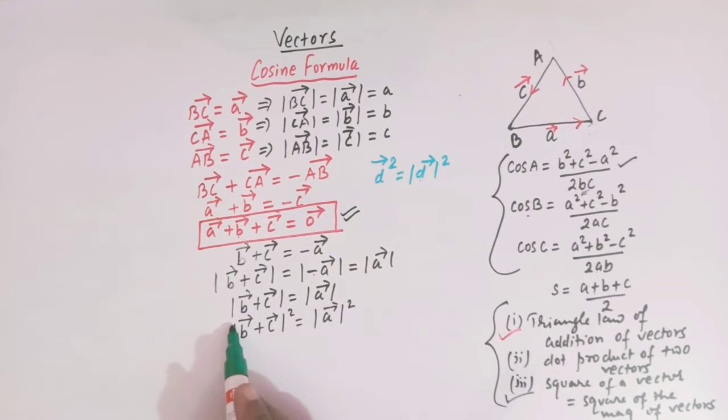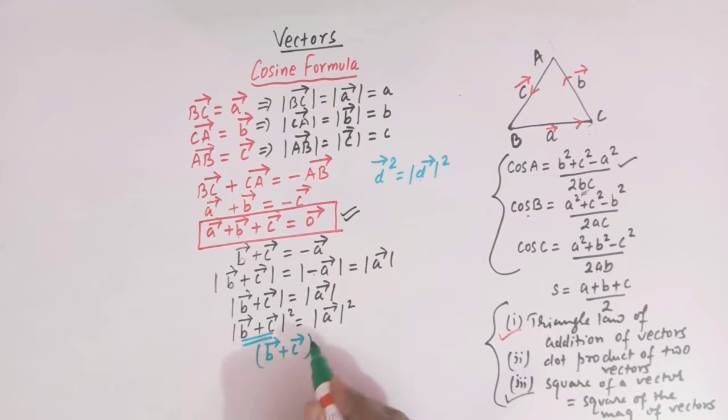So here we have the square of the magnitude of this vector, so we can replace the square of the magnitude of vector b plus c by vector b plus vector c whole square.